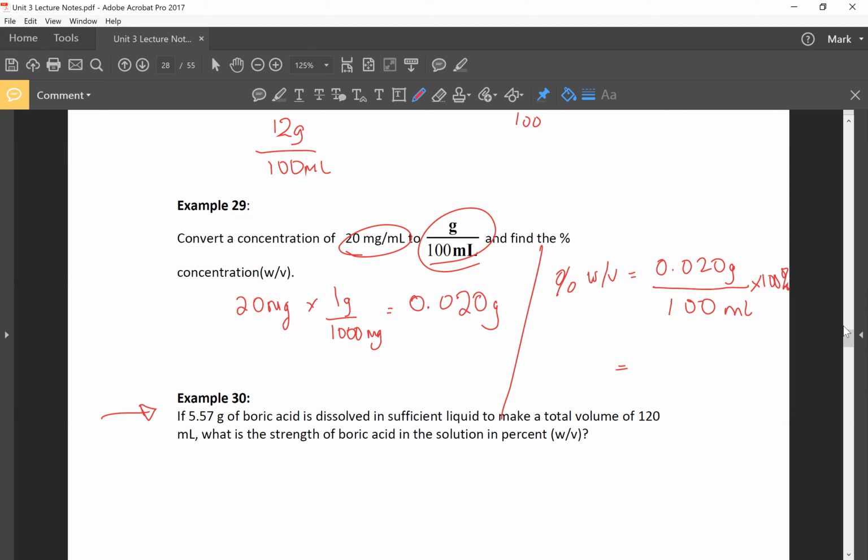So divide that by 100 and then multiply it by 100, which doesn't seem like a good use of our time. But anyways, you will end up getting 0.02%. Okay, it asked us to convert it to grams over 100 milliliters. So I went from milligrams to grams, and then I divided it by 100 milliliters.